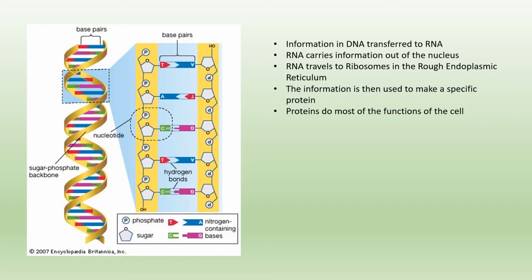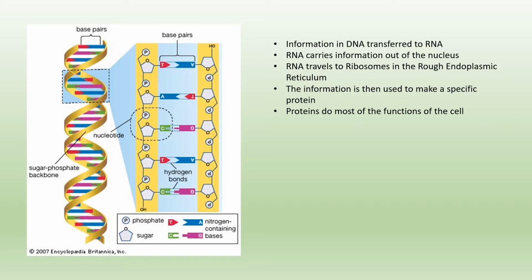Our DNA consists of two strands. You've probably seen images like the one on the left here that show you that twisted shape of the DNA. On the right, we've got one little area circled that's labeled nucleotide.